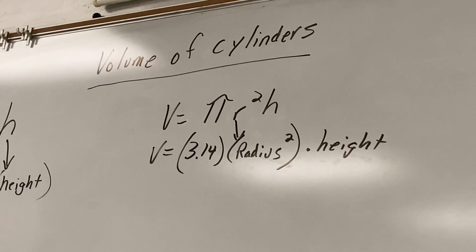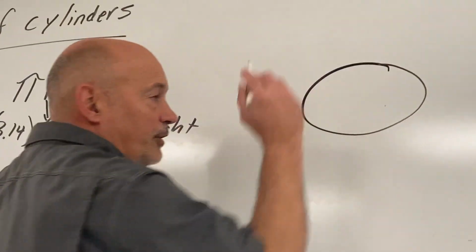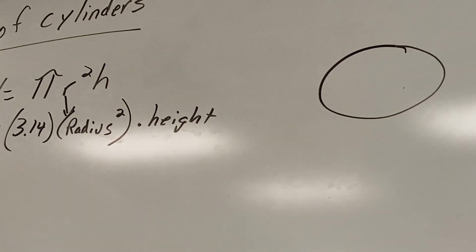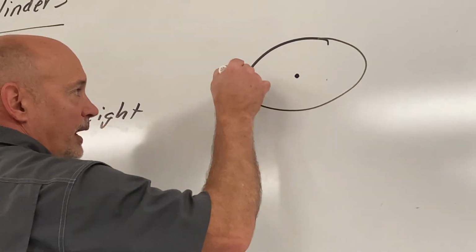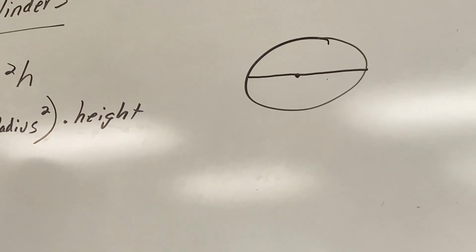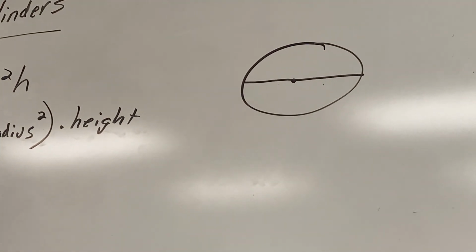and that will instantly tell me the volume. So let's talk about circles for a minute, because this problem has a circle in every one of them. If I put a point in the middle, and I draw a line all the way across this circle, what is the line that goes all the way across called? Diameter.